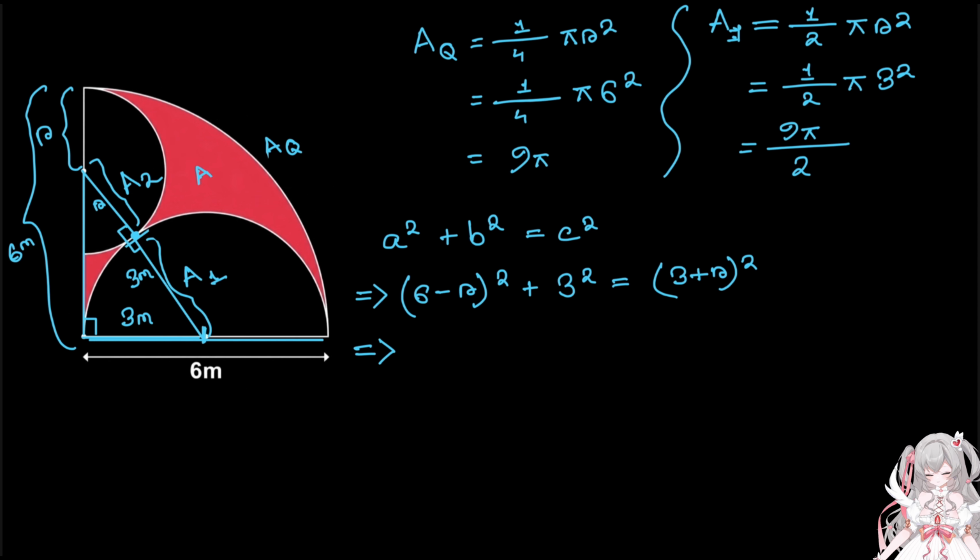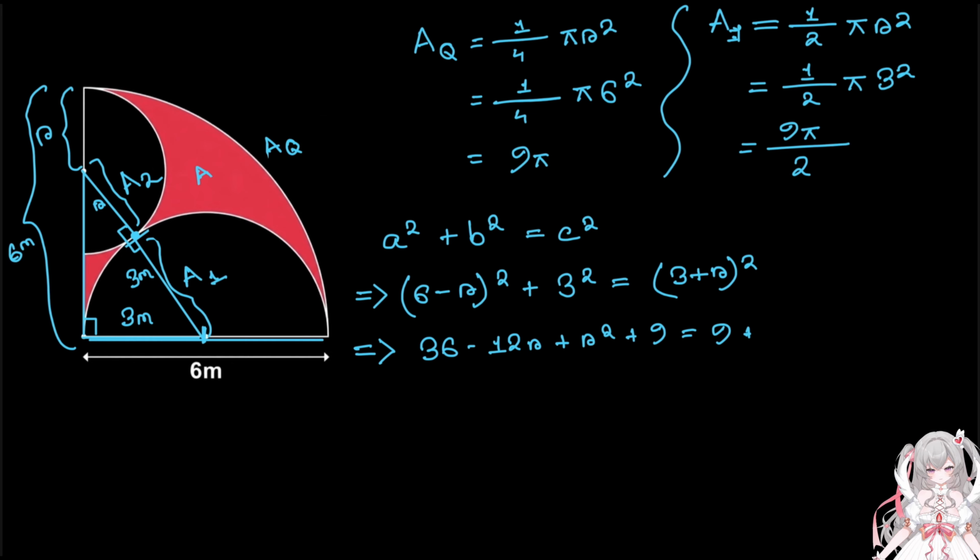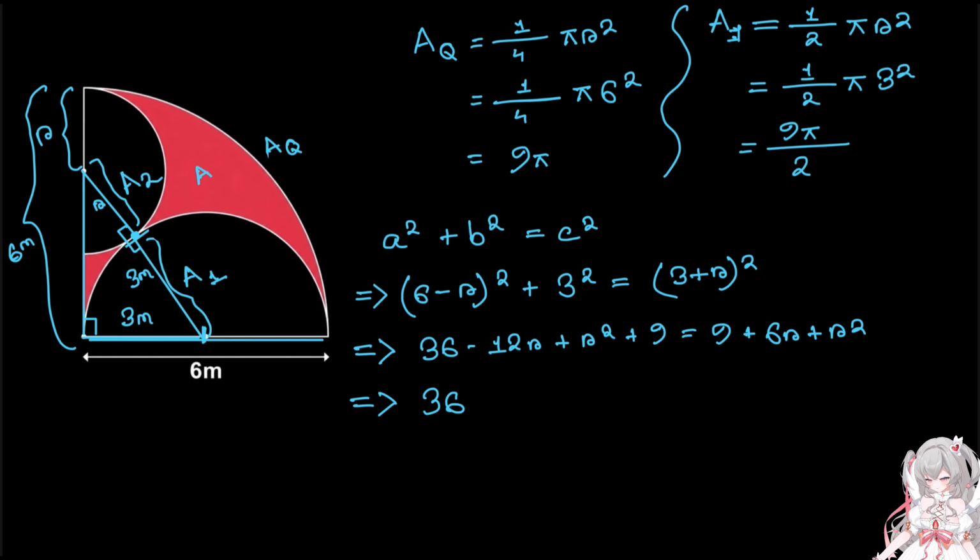And then here, 36 minus 12r plus r squared plus 9 is equal to 9 plus 6r plus r squared. Simplifying it even further gives us 36 is equal to 18r, which we can see here.